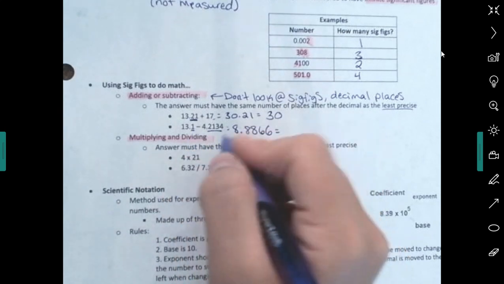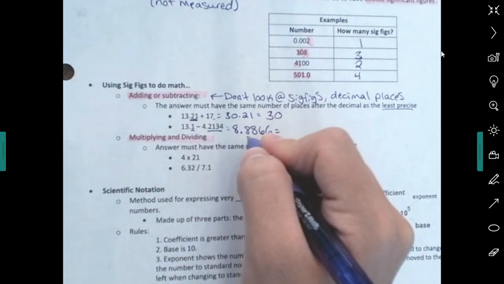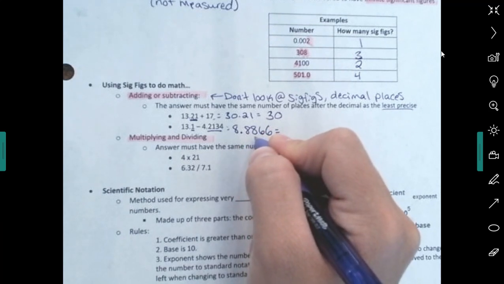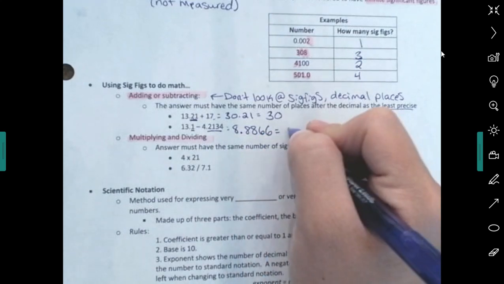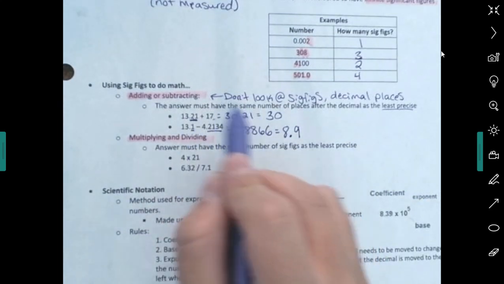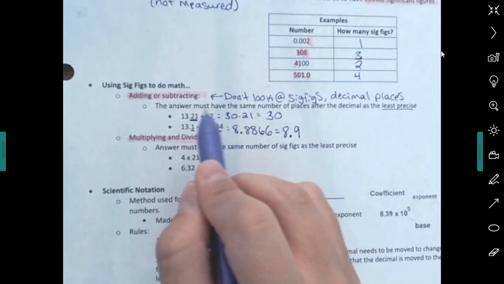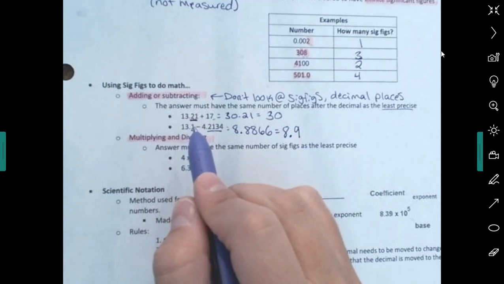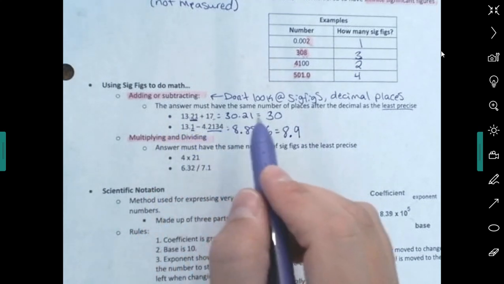I can only have 1 number after the decimal, the 8. However, I have to look at the number right next to it. Since it's 5 or above, it's going to bump it up. So it's going to be 8.9. And that's how I'd round that. Okay, so now you know the rules for rounding when we are doing adding and subtracting. You can pretty much forget about it.